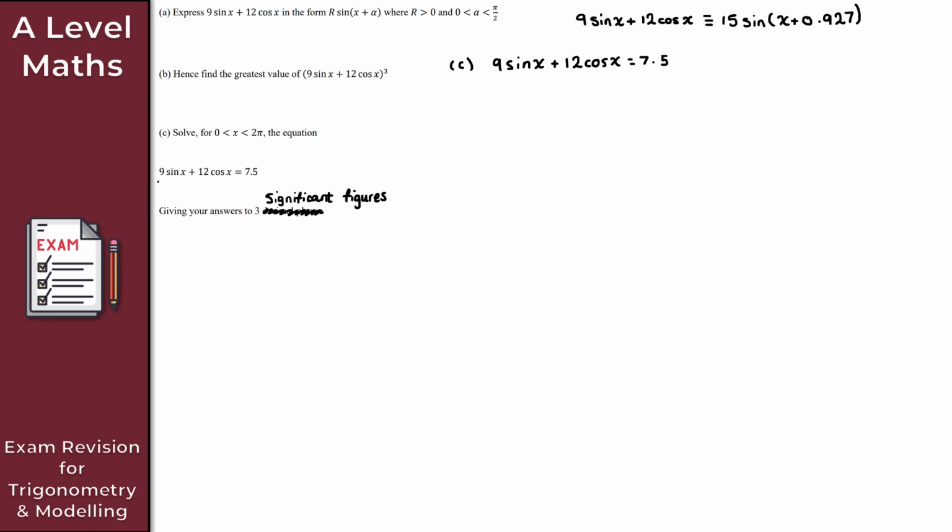Now just notice that the left-hand side of my equation is what we started with in part A. When we express this in harmonic form, using the harmonic identities, we can replace the left-hand side with its equivalent harmonic form.